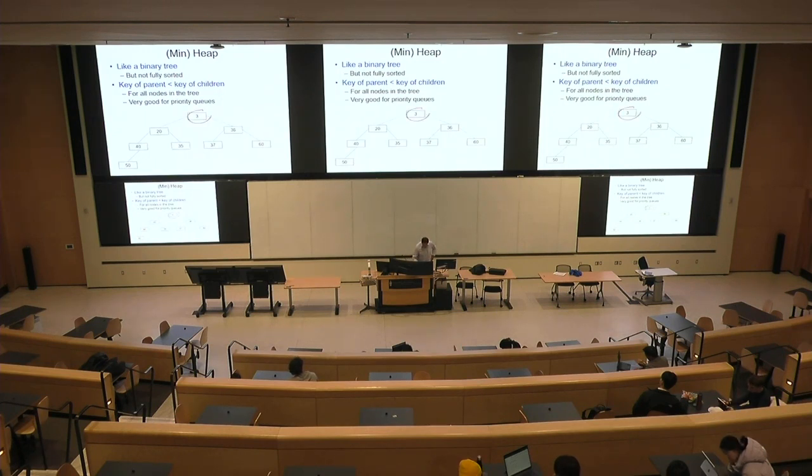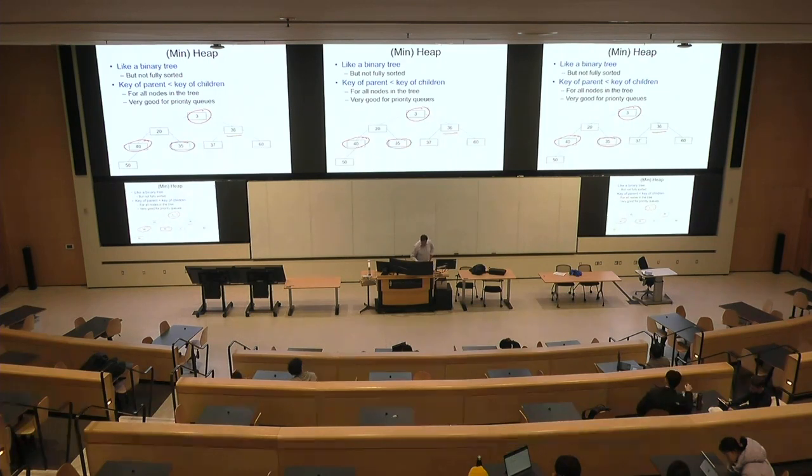So notice this node, its 2 children have travel times that are both bigger. This node has travel times of its children are also bigger. This node, its travel time of its children is also bigger. So every node meets that property, but notice there's no ordering between children.